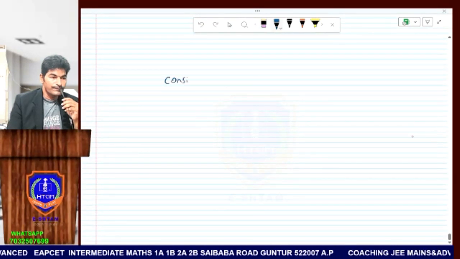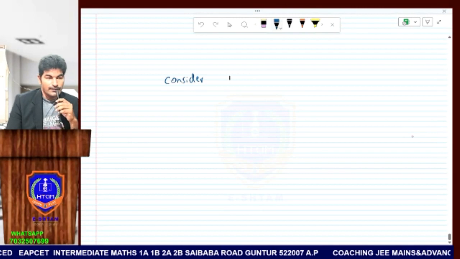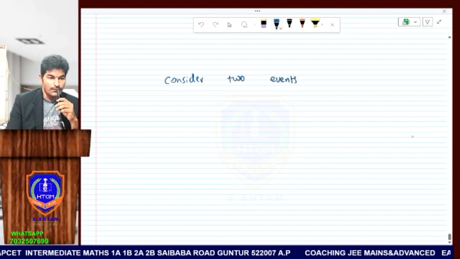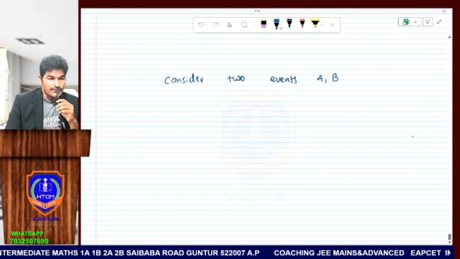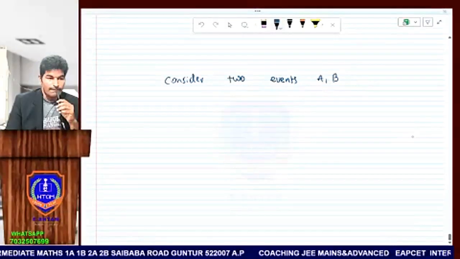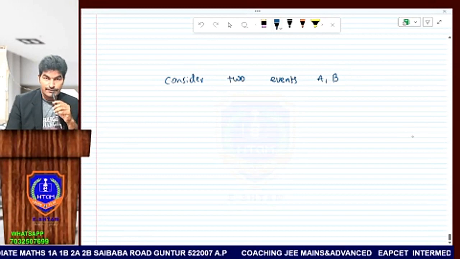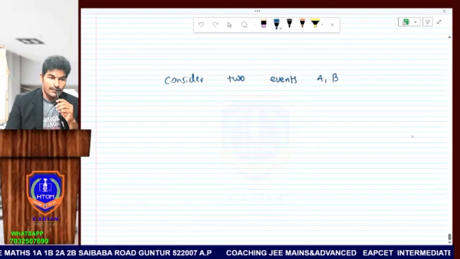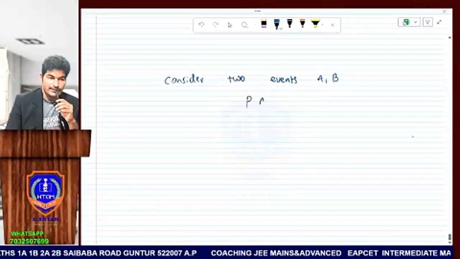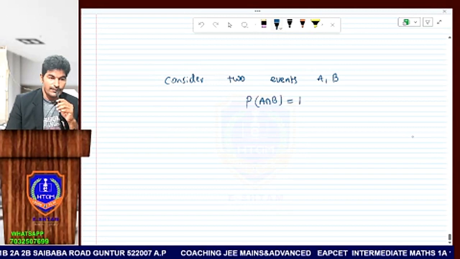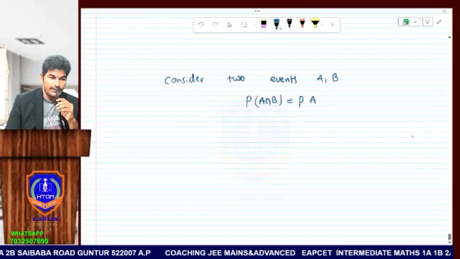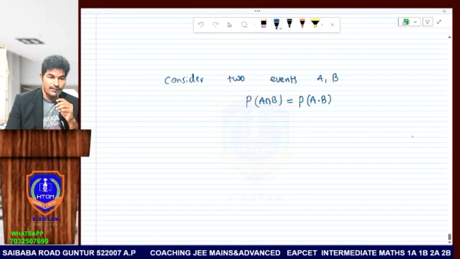Consider two events A, B. These two events may belong to the same sample space. If you consider the probability of the intersection, P of A intersection B, you can also write it as P of AB.